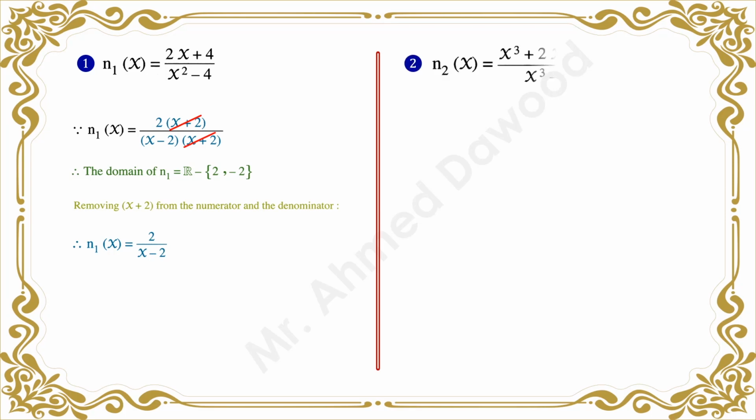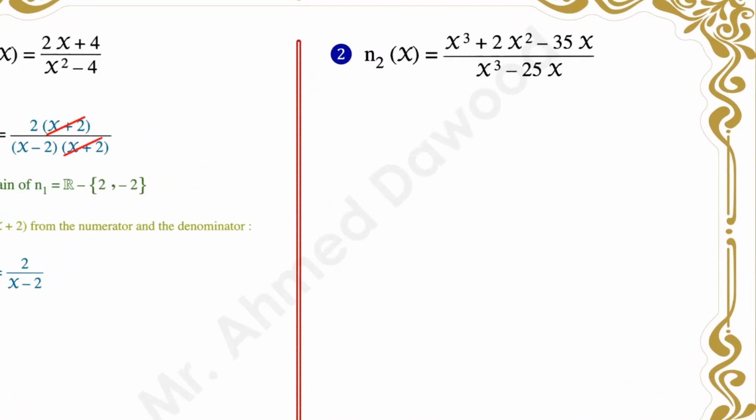The second example is n2 of x equals (x^3 + 2x^2 - 35x) over (x^3 - 25x). Now look at the numerator. The numerator has HCF x, so I will write it as x times (x^2 + 2x - 35). Then look at the denominator.